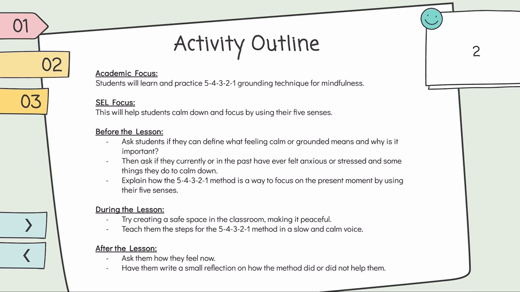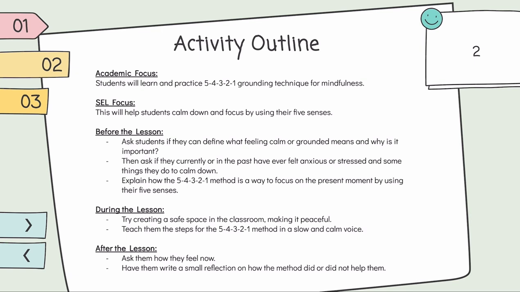So before the lesson, it's recommended that teachers ask their students if they can define what it means to feel calmed down or grounded and why they think it's important, and to also ask if they are currently or in the past felt anxious or stressed, and what are some things that they can do to calm down. And lastly, teachers should explain the 5, 4, 3, 2, 1 method as a way of being able to be more focused and grounded by using their five senses.